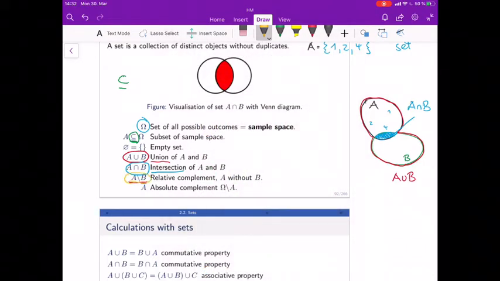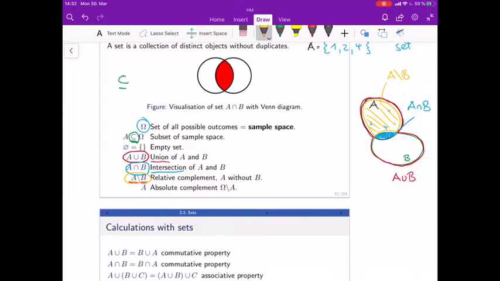A without B. So obviously A, but then not the part that is shared with B. So it's this one here, the yellow one. It's A without B. And we can also replace the one with other symbols, but sometimes it's quite useful.